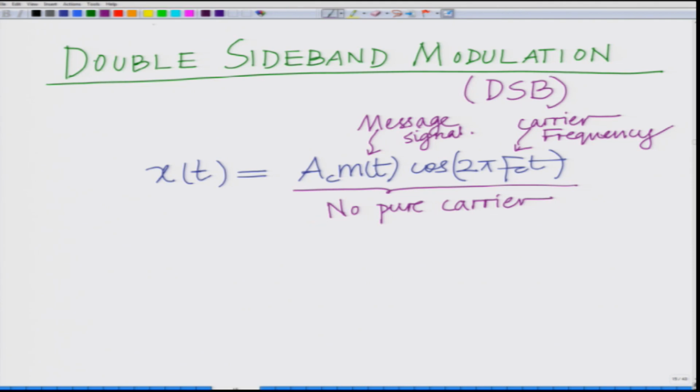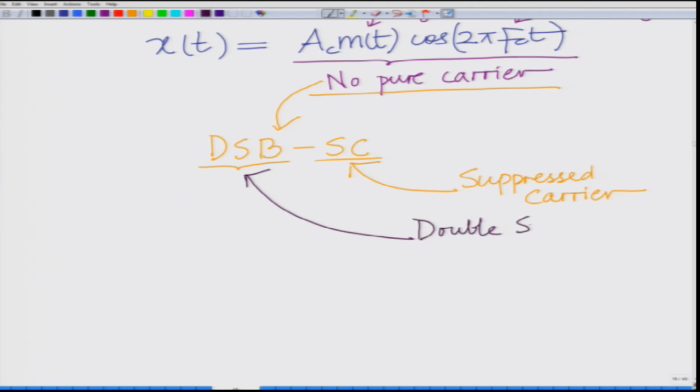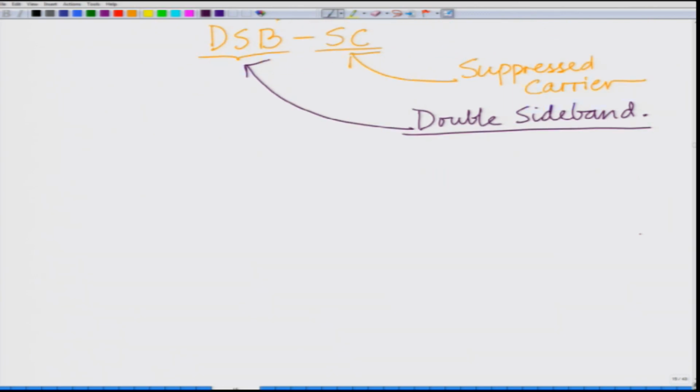Now, since there is no pure carrier, this is also termed as DSB-SC, where DSB, as you already know, stands for double sideband, and SC stands for suppressed carrier.